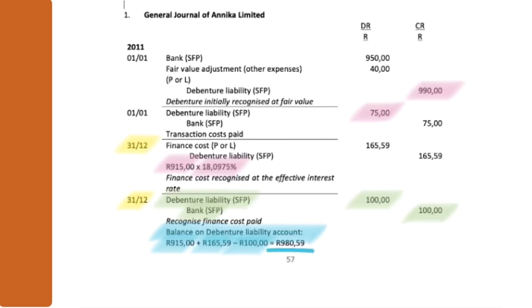If we say we account for a debenture, a financial liability at amortized cost, that is what the balance is. It's called the amortized cost. The fact that you bring in interest and deduct the payment means you are accounting for this liability at amortized cost.